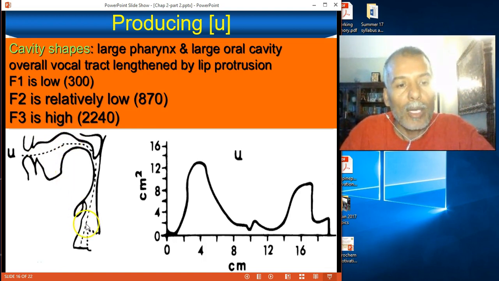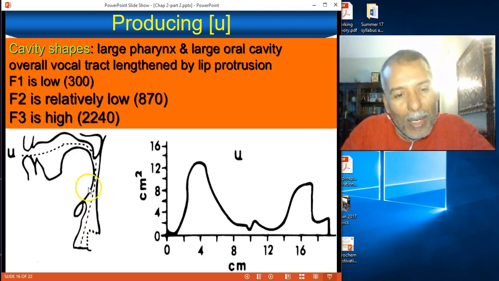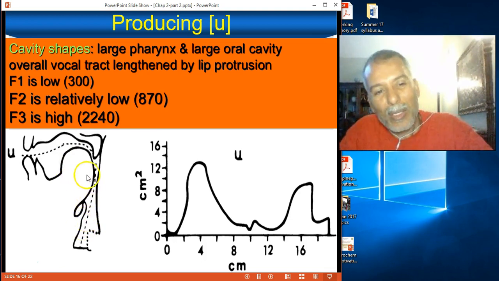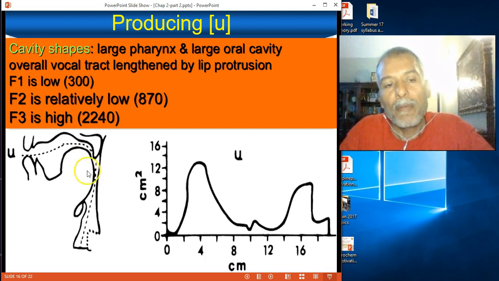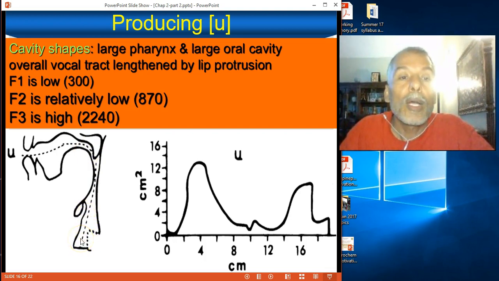How about F1? So for F1, you have created a little bit of room. However, you just brought the tongue back and constricted the space. So how is that going to affect F1? F1 is going to be influenced by a huge, very long tube.